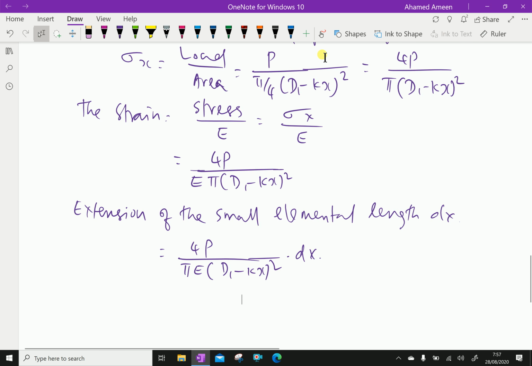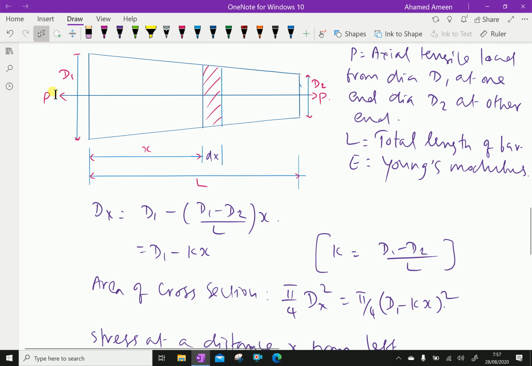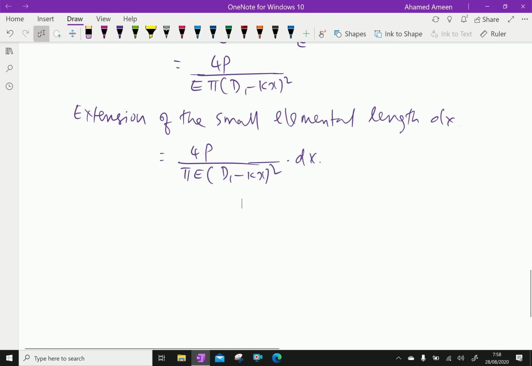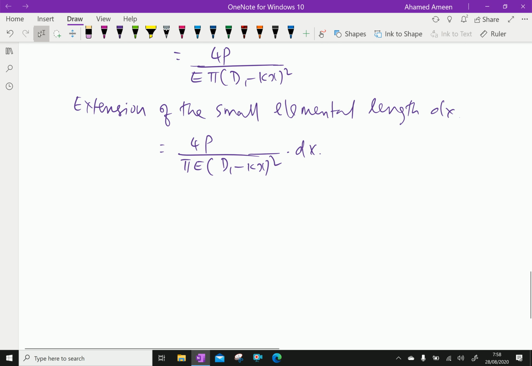This is the small extension in this elemental strip due to the axial load.